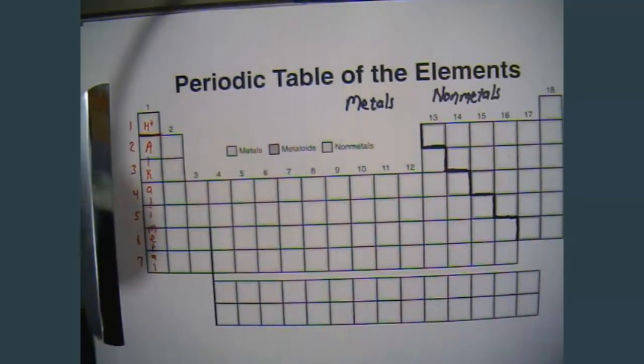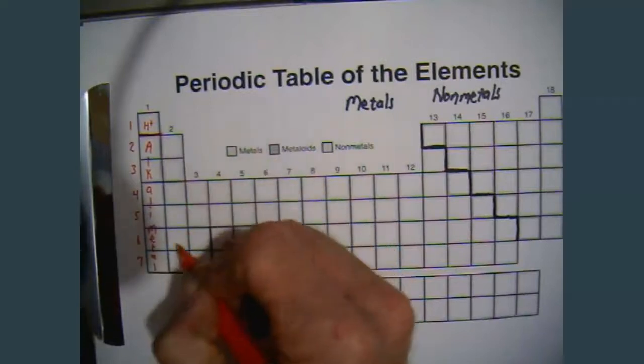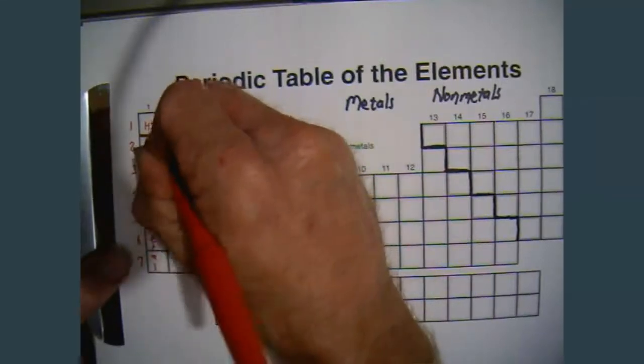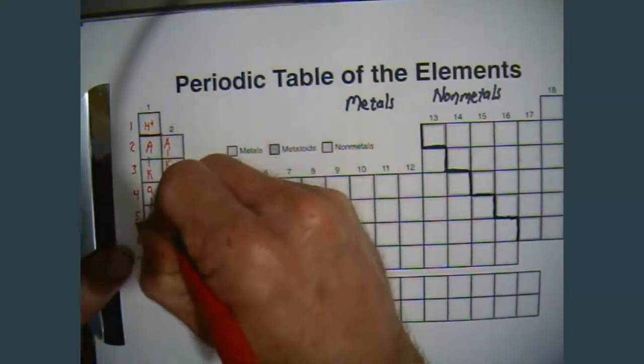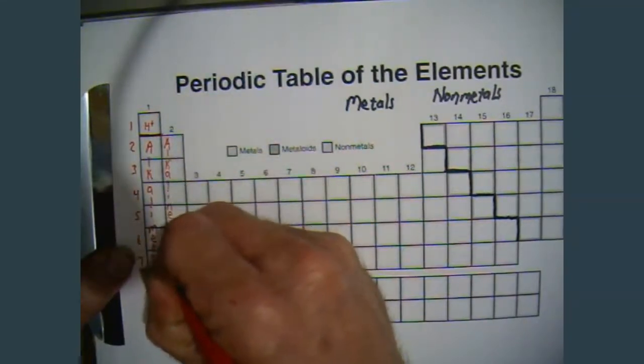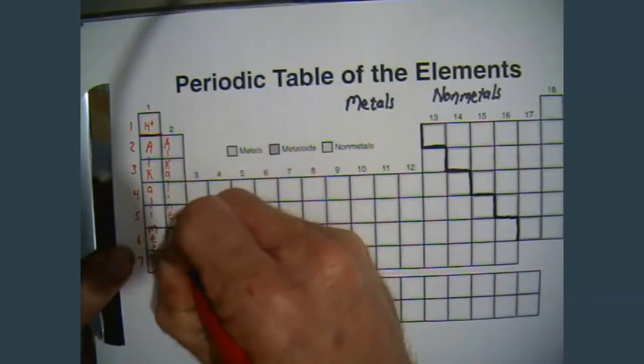Now group 2 right next to it, which includes beryllium, magnesium, calcium, strontium, barium, and radium, are called the alkaline earth metals. I'll just write metals here because I ran out of room.